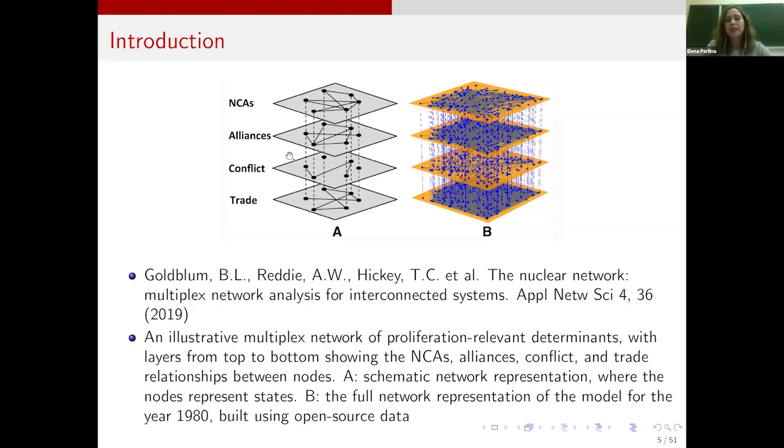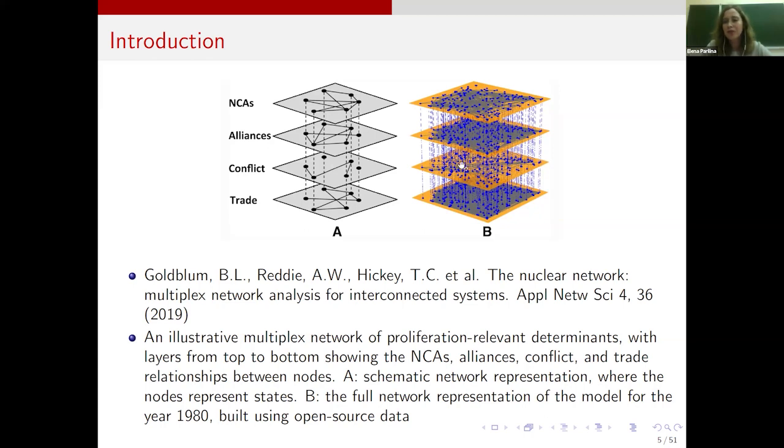The second layer, alliances. There is a network of conflicts and trades. So this is the simplification of the real data, and the real data they represent on the data set, open source data set from 1980. So we see here the same set of nodes represented in all these layers.